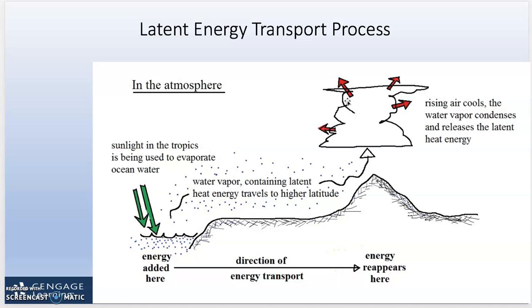So two forms of energy there. The rising air slowly starts to lose its thermal energy, comes down to the condensation temperature, then condenses and releases its latent energy. That's an enormous amount of energy.